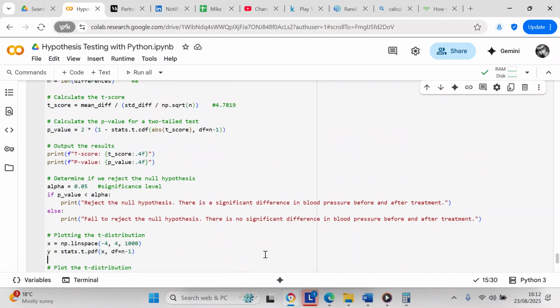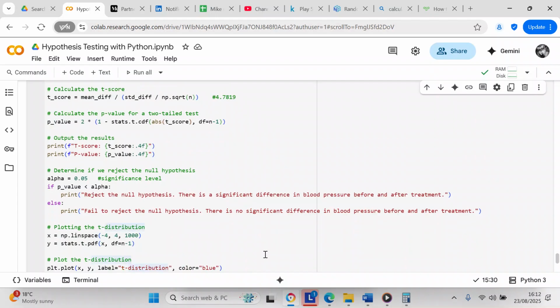We're going to plot the t-distribution onto a graph. x equals np.linspace(-4, 4, 1000). y equals stats.t.pdf(x, df equals n minus 1).